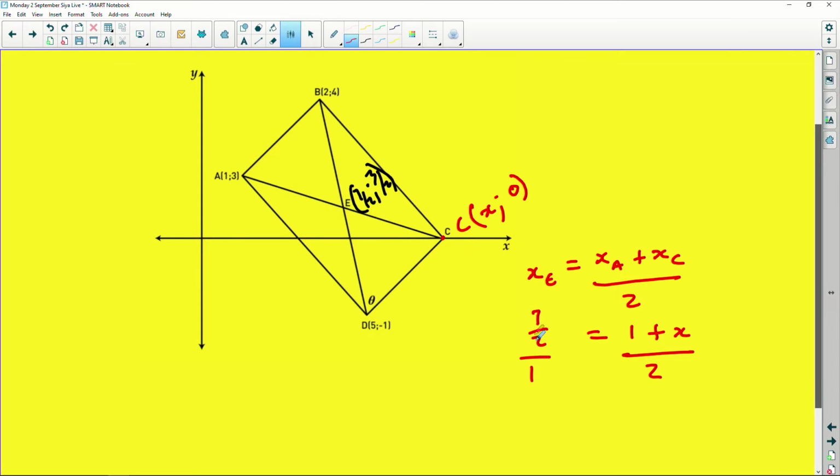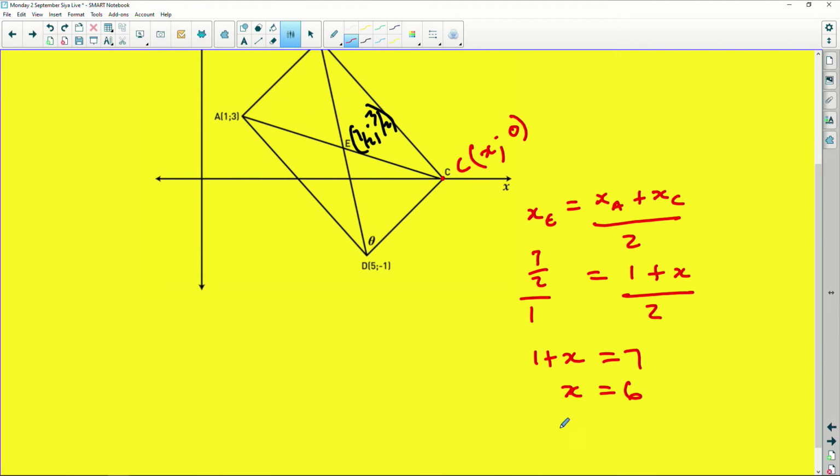Then 2 multiplied by 7 over 2 is 7. So I have 1 plus x is equal to 7. Then x is equal to 6. Therefore, the coordinates of C will be 6 and 0.